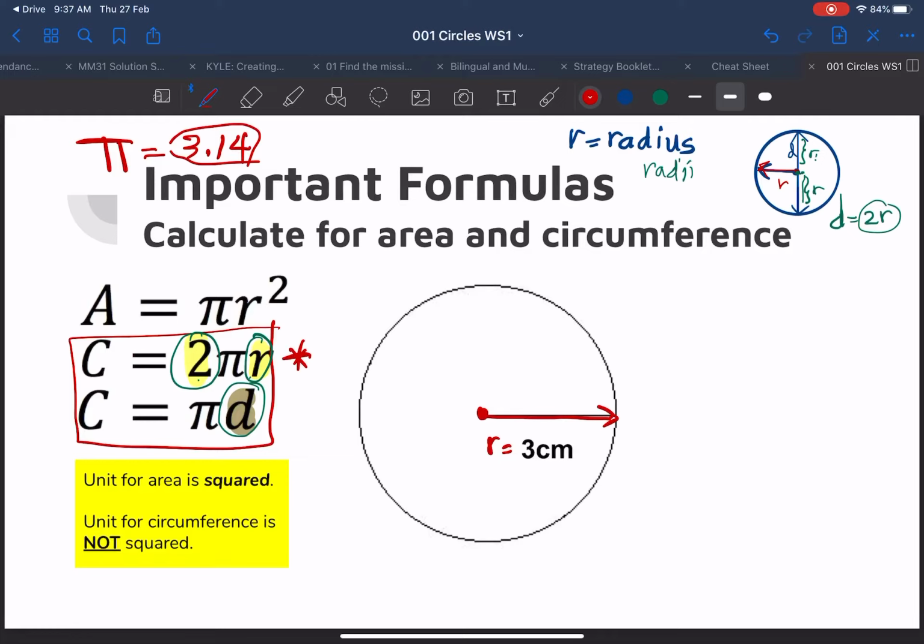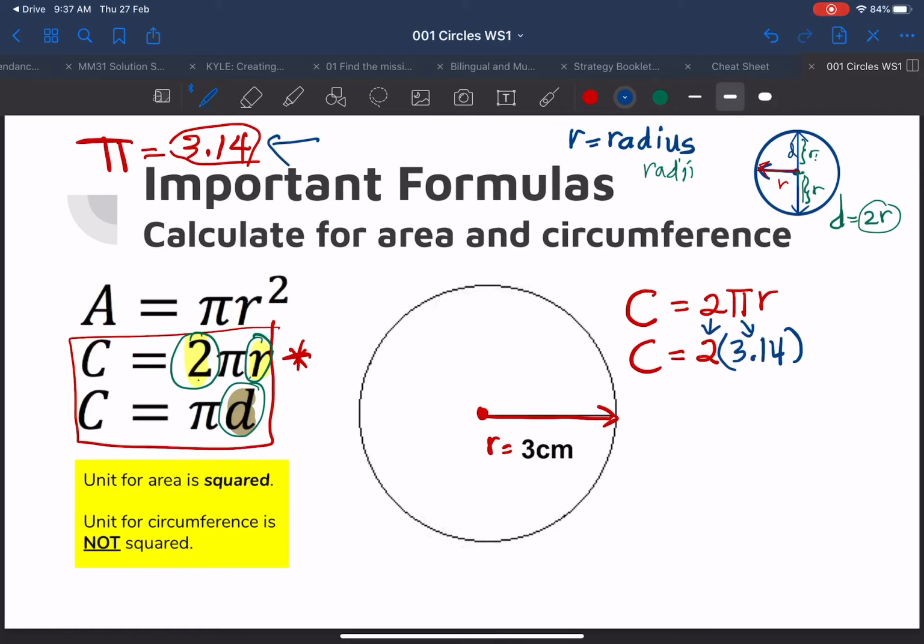So again, start with the formula. Circumference is equal to 2 pi r. Let's substitute. Circumference is equal to 2. We know it's 2, that's the constant. And what is pi? 3.14. Okay, there it is.